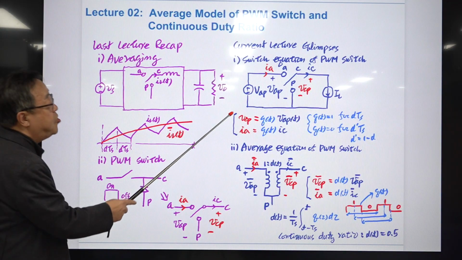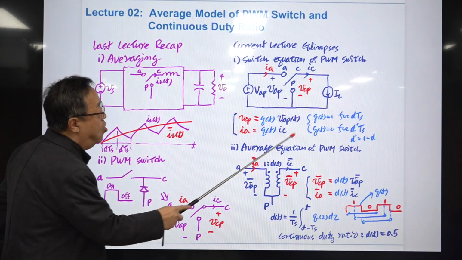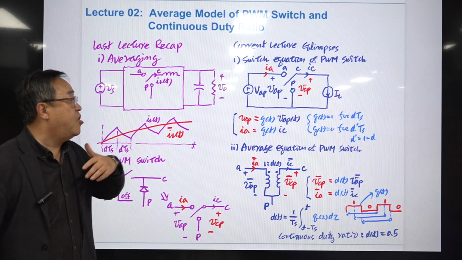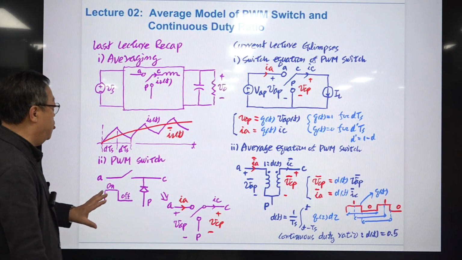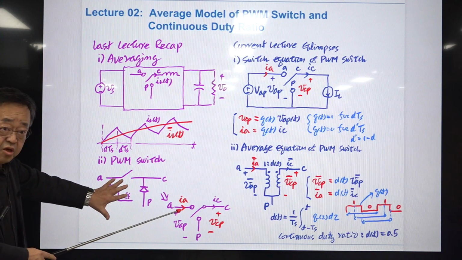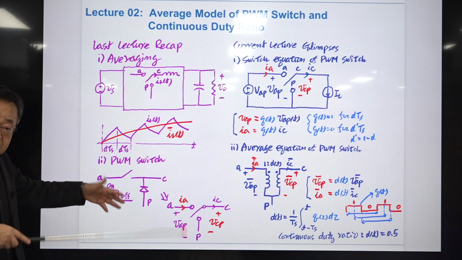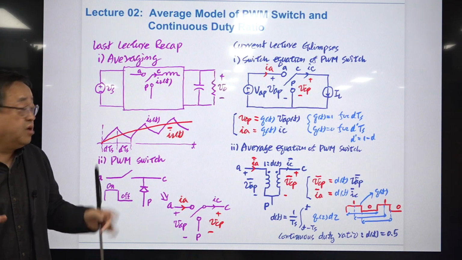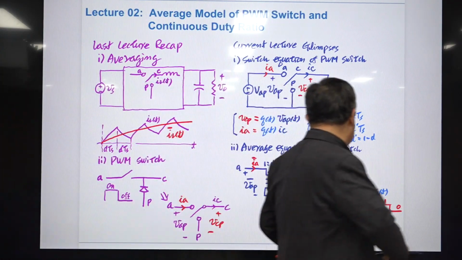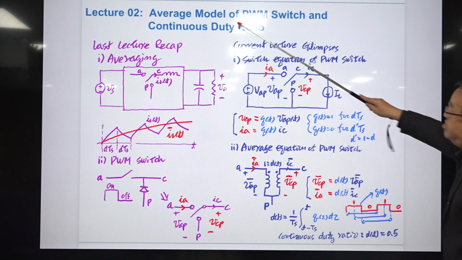But this is very important because it has the form of an equation. Then we can perform the average operation on this equation to obtain the average model of this switch, which describes the average circuit waveforms of the PWM switch. Okay, so this is the result of this lecture.